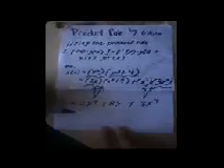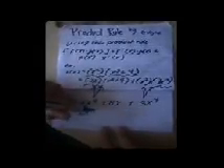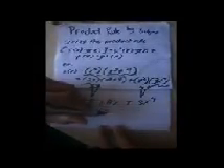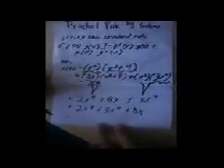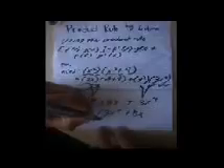So, combine like terms, 2x to the power of 4 plus 3x to the power of 4 plus 8x. Then adding 2x to the 4th power plus 3x to the 4th power is equal to 5x to the power of 4 plus 8x.